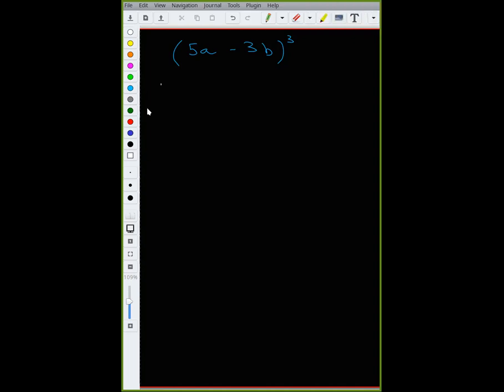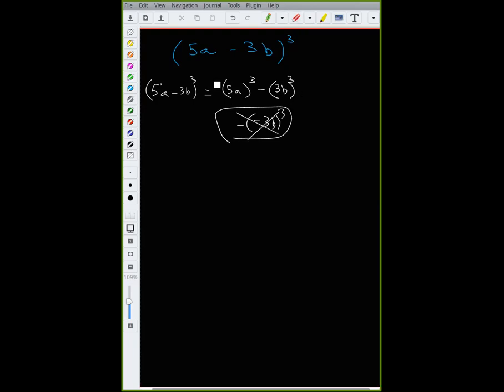Okay, but instead of that, what we can also do is we can write 5a minus 3b, the whole thing cubed, as 5a, the whole thing cubed, minus of 3b, the whole thing cubed. Fine. One more important part, don't do minus of minus 3b, the whole thing cubed. This is another very common mistake that you all do. This is wrong. Just put the correct sign and then use the same format we're using, right?